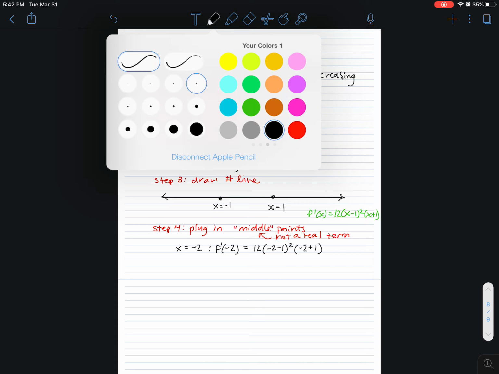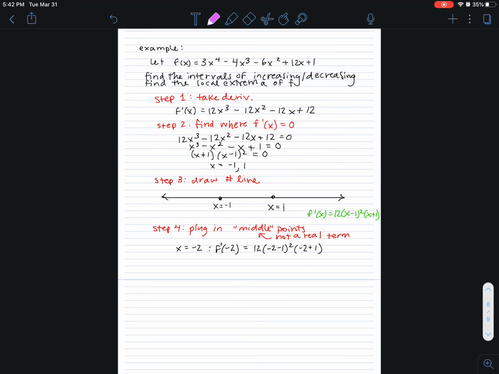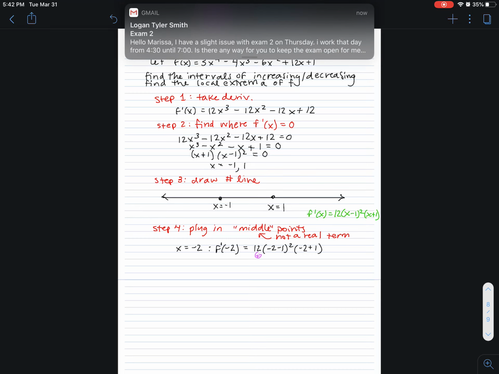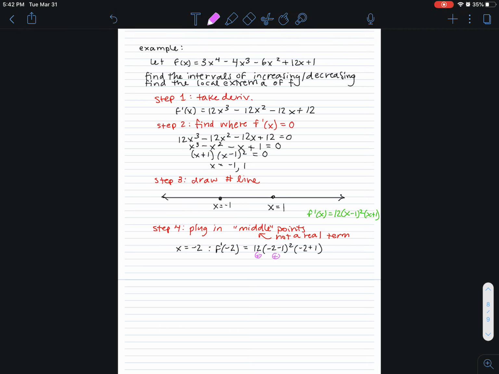To do some quick math, because I just need to know whether this is positive or negative: 12 is positive. Negative 2 minus 1 is a negative number, squared, though, is positive. And then negative 2 plus 1 is equal to negative 1, so that's negative.